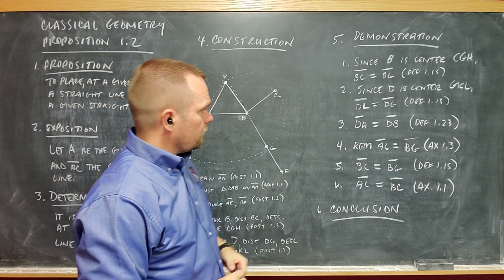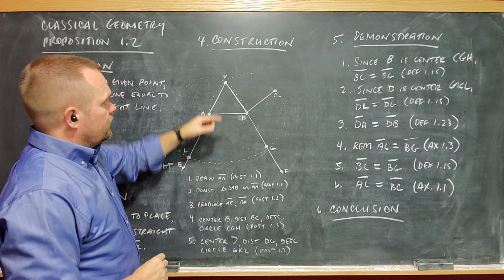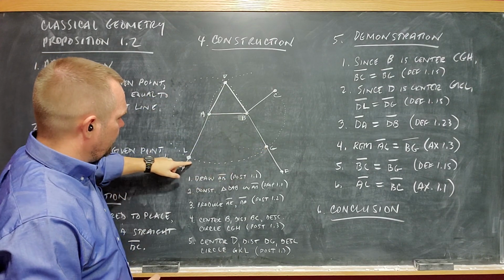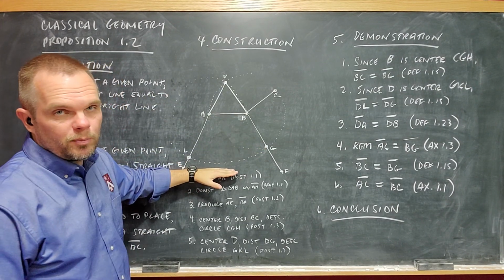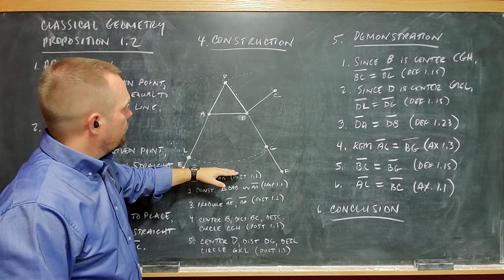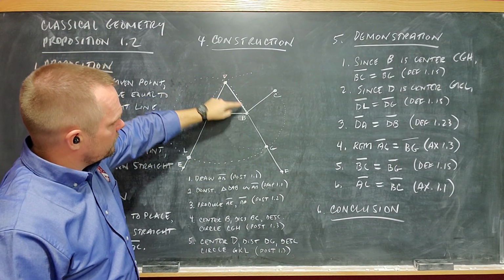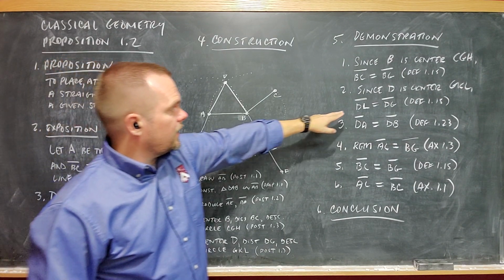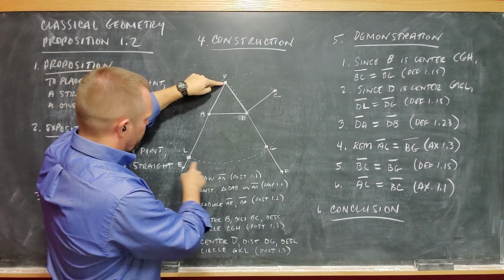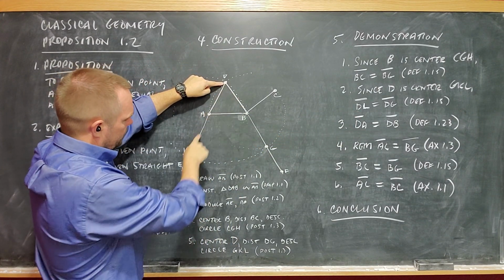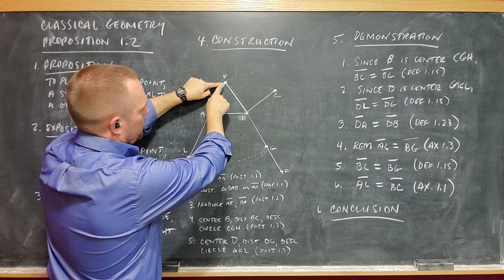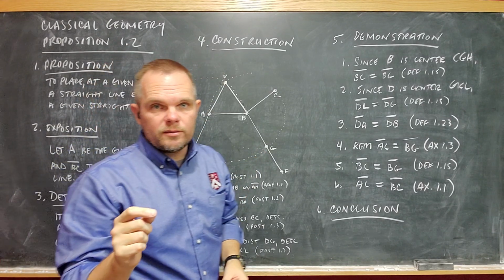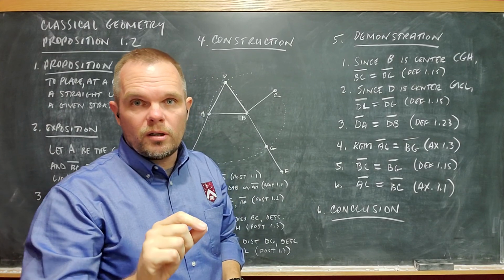Point 2. Since point D was the center of the circle GKL that we drew, and again, I didn't label point K on here, but it's in your lesson, since point D was the center of the circle GKL, then line DL, from point D to point L, must be equal to line DG, because they're both straight lines drawn from the center of a circle to its circumference.